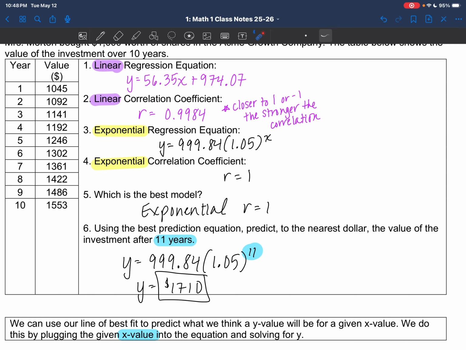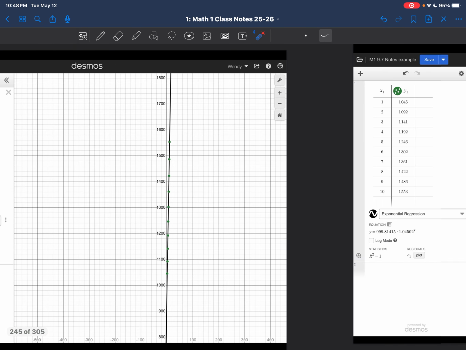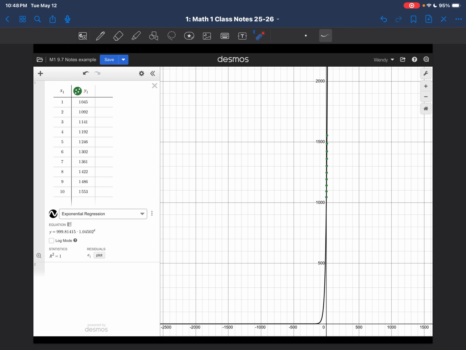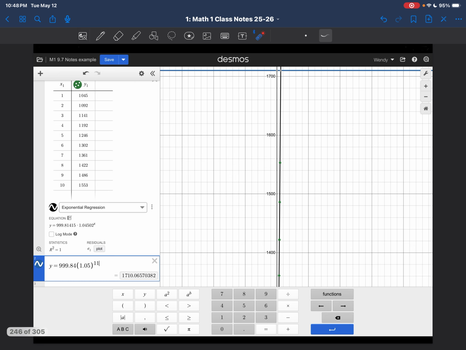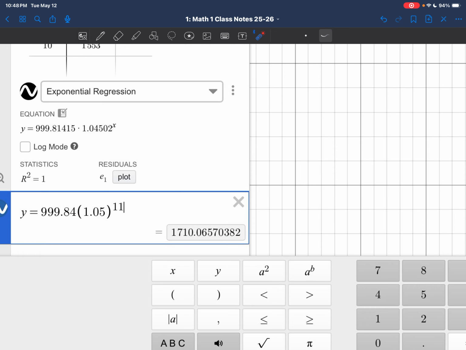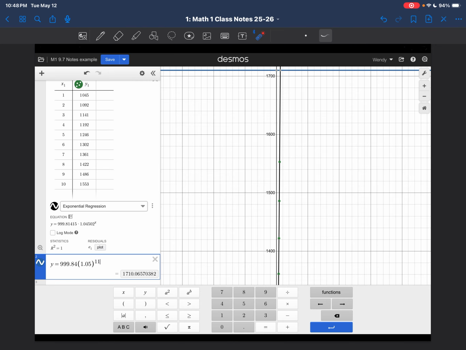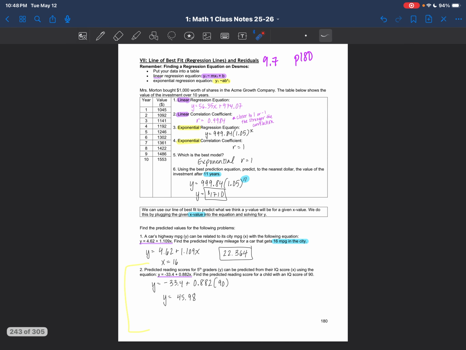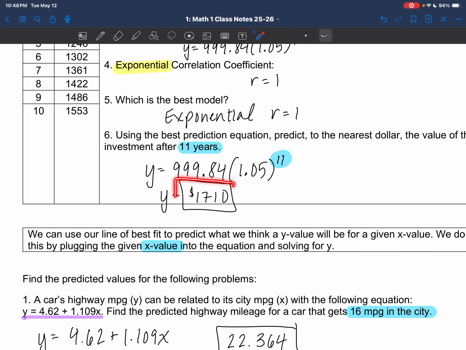And when you do that, you could do it with your calculator, or you could do it on Desmos also to use it as a calculator, and you could just do another thing here and type in your equation and it will actually pop up the answer. So if you notice, that's what I did right here. And I used the rounded value since that's what it asked for. And then now I'm going to take that and I'm going to round it to the nearest dollar, which is right here. So you could also do it on your calculator, but since you've already got the information there, may as well do it there.